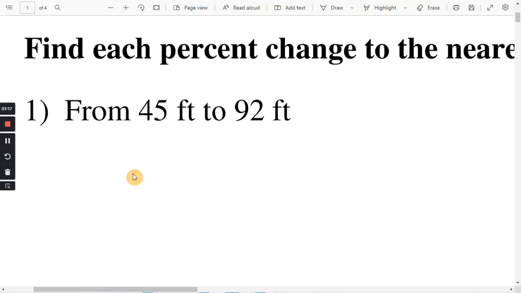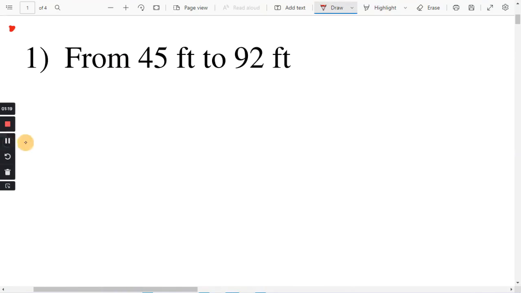All right, so let's start with number 1. Since we're going from 45 to 92 feet, clearly we can see this is an increase. Before we even get to the formula, I am just going to do this in steps.